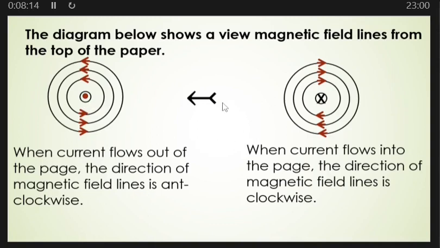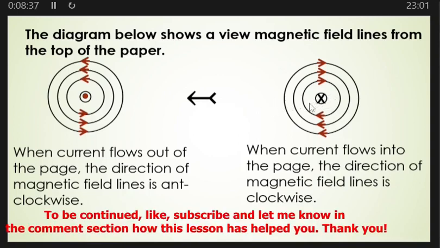And then the behind side of the arrow, the tail of the arrow, shows that the current is going from this side to that way. So the behind side is represented by a cross, or X, like a multiplication sign, meaning current is going into the page. And then using the right hand grip, we will be able to know that the magnetic field will be anti-clockwise.